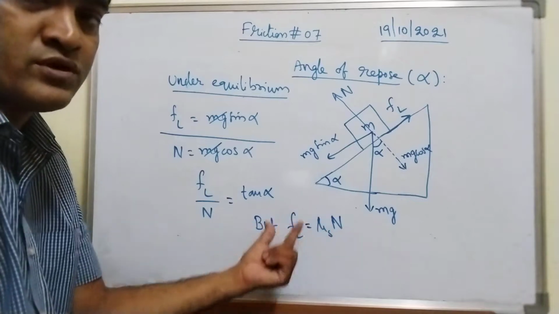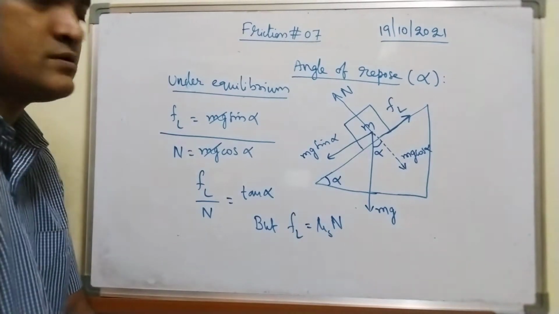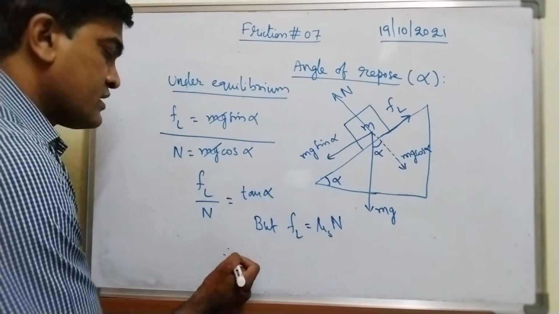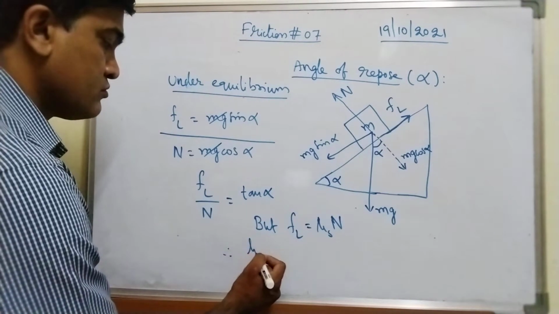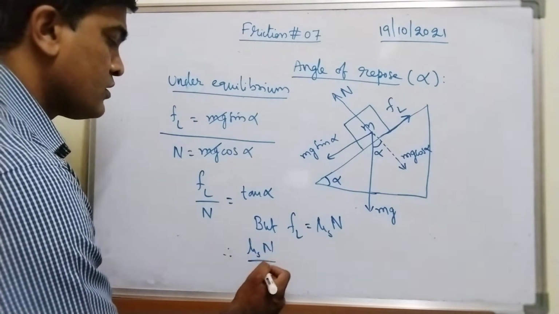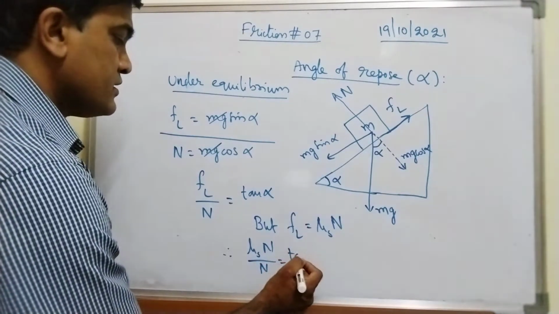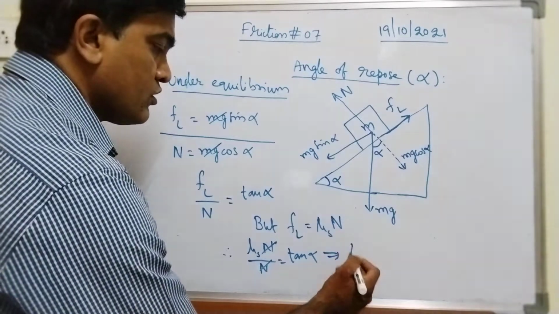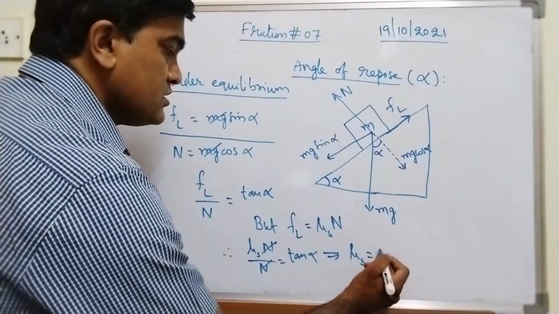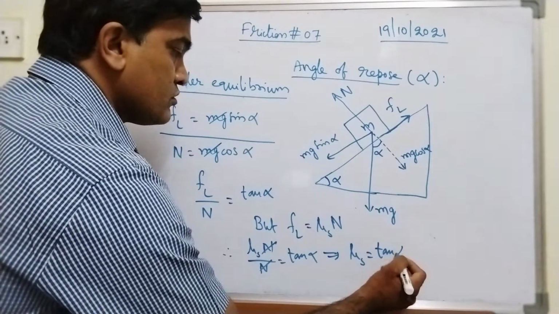FL is equal to mu s into N is the formula to be remembered. So in place of FL, I can write mu s into N. So mu s into N upon N is equal to tan alpha. N gets cancelled. Now what I am getting finally is mu s is equal to tan alpha.